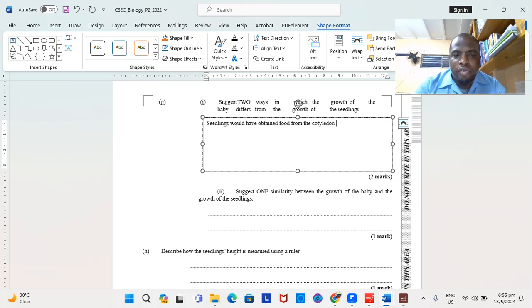So they get their stored food from the cotyledon, and so that would have been utilized for the initial parts of their development.